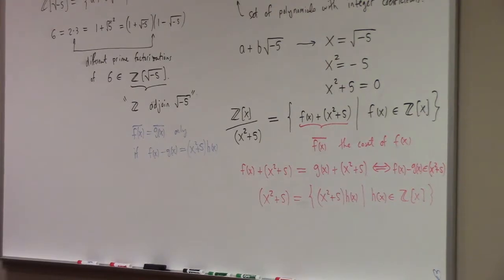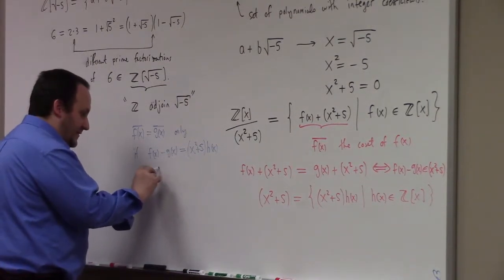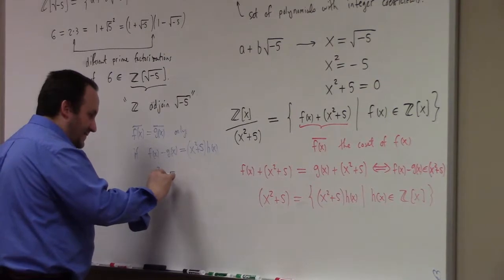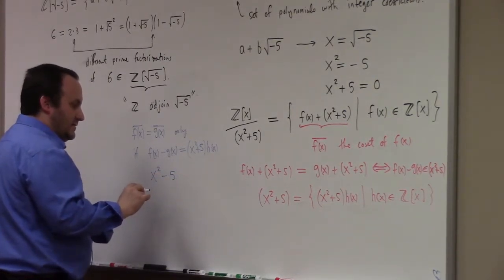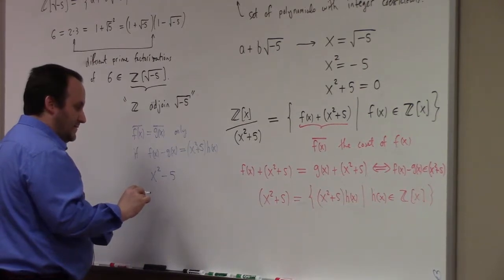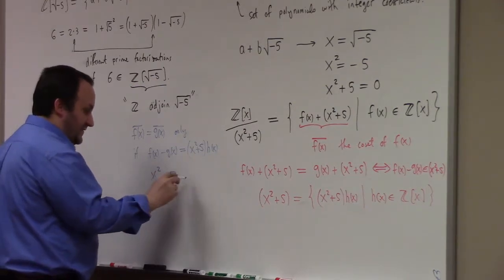Let's just build some simple lemmas, though. What can we say about x? Let's compare. For example, what's x squared minus 5? I'm sorry, x squared. I'll get with it eventually here, guys. x squared minus 5 is equal to what?